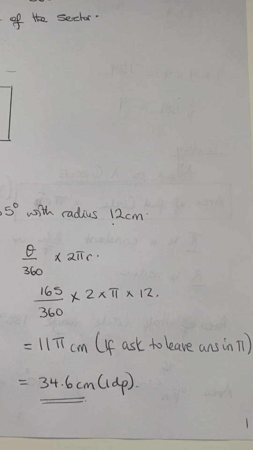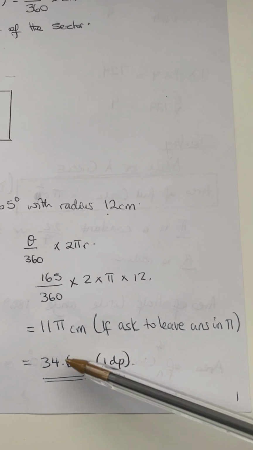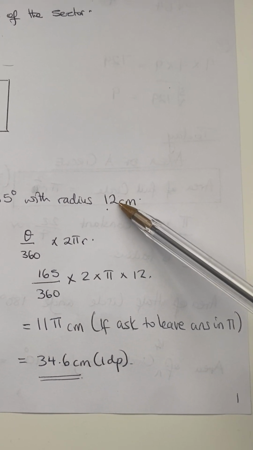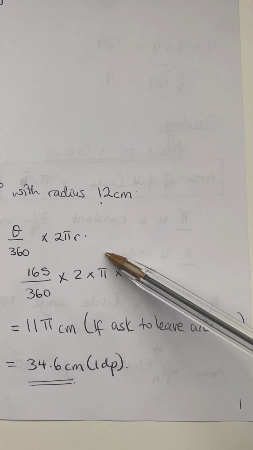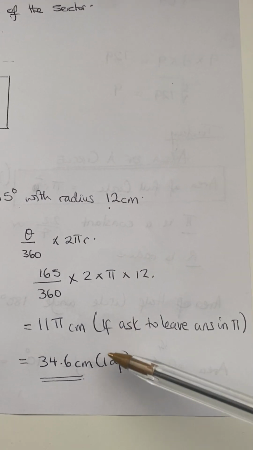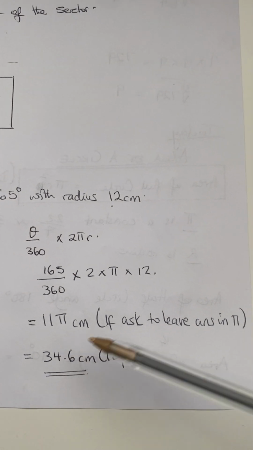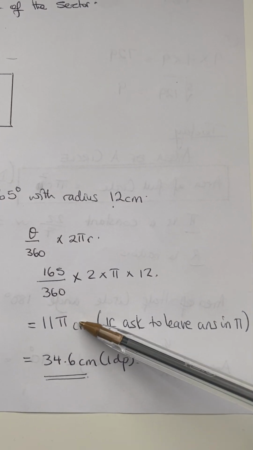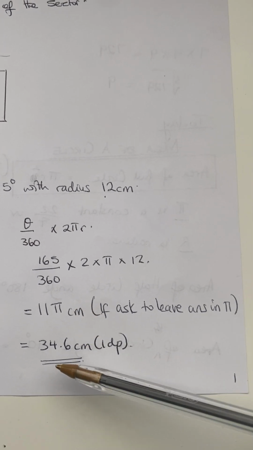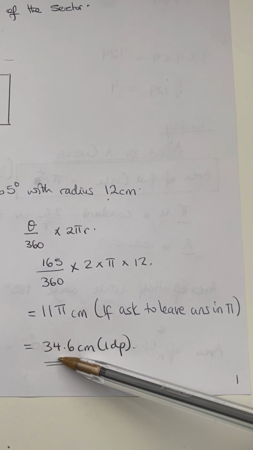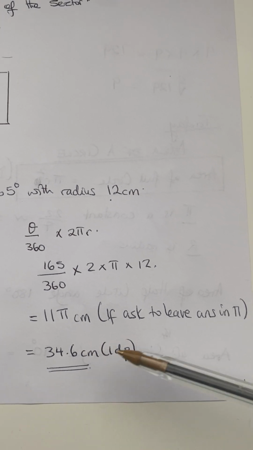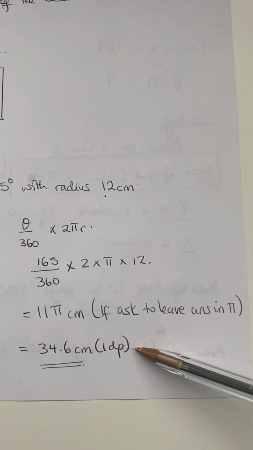But if they give me the value of pi, either 22/7 or 3.142, then I'll use my calculator, multiply 11 by pi, and the answer I got is 34.6 centimeters to 1 decimal place.